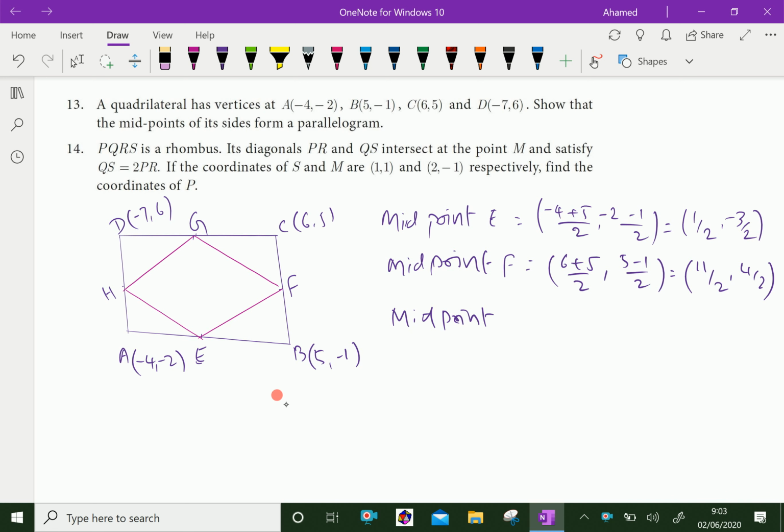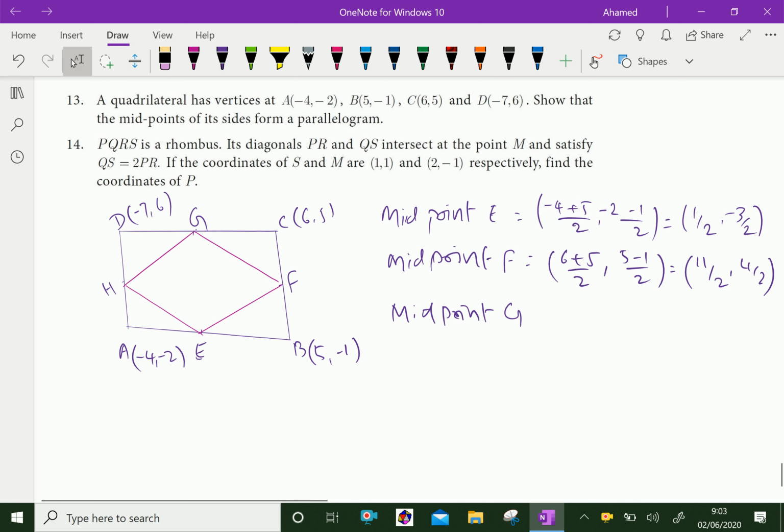Midpoint G, the midpoint of D and C, is (-7 + 6)/2 and (6 + 5)/2, which is minus half, 11/2.